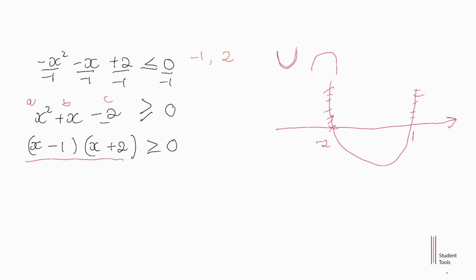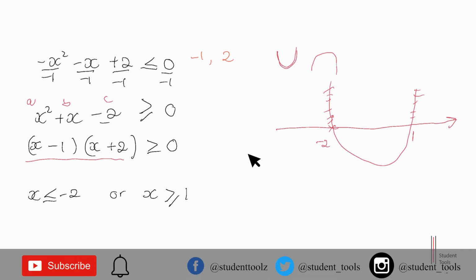The graph is greater or equal to 0 when x is less or equal to negative 2, or the graph is also greater or equal to 0 when x is greater or equal to positive 1. So that is just how we solve quadratic inequalities. Up next, we have 1.1.4.